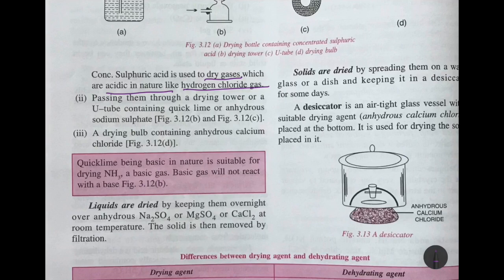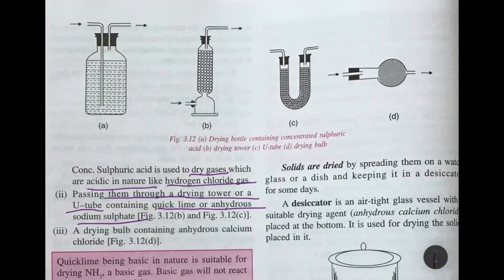Next, we also dry them by passing them through a drying tower or a U-tube containing quicklime or anhydrous sodium sulfate. So this is sulfuric acid. Now this one is passing through a drying tower. This is your drying tower.